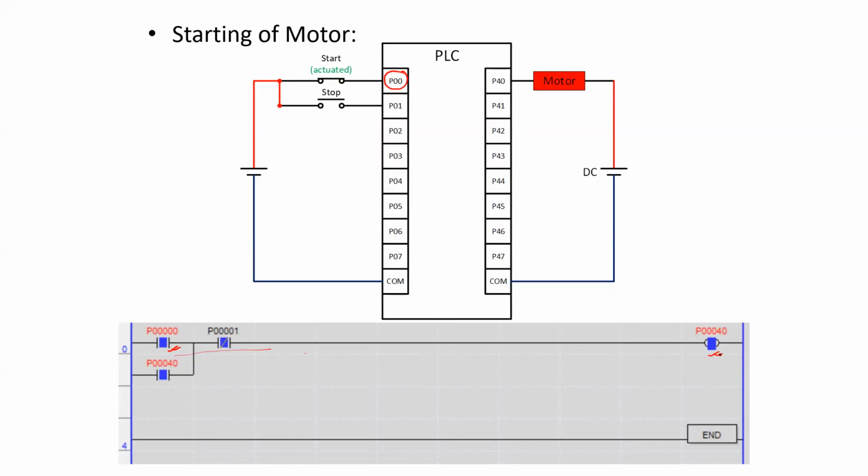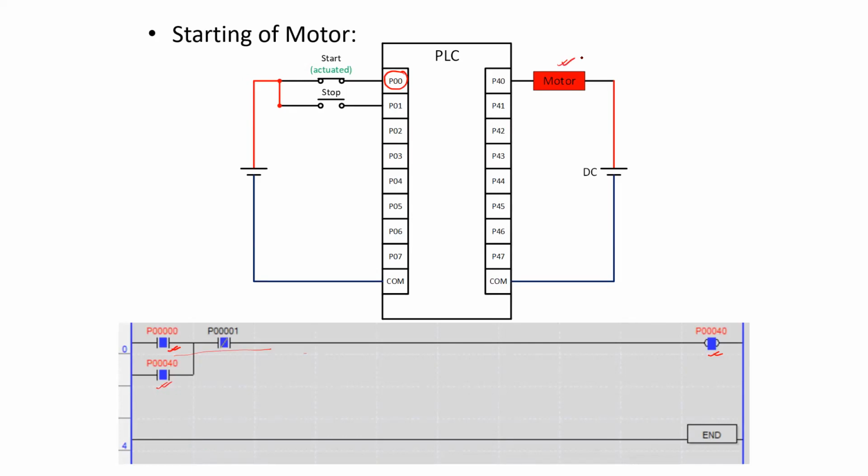In terms of relay concept, we can say that the output coil has got energized and its corresponding contact is getting closed as indicated over here. However, in terms of microprocessor, these operations are not in terms of physical relays, but in terms of changing the state of memory bits.